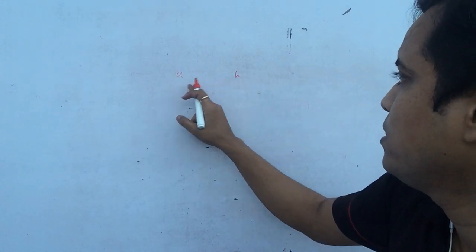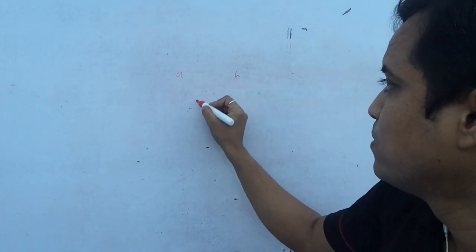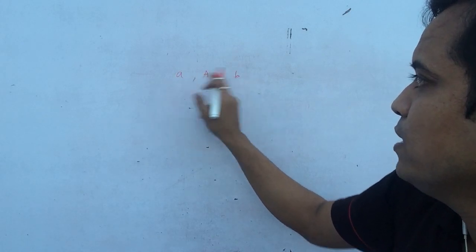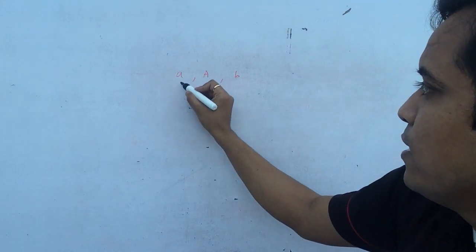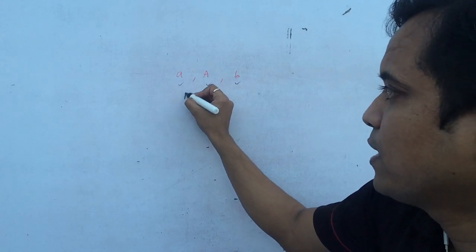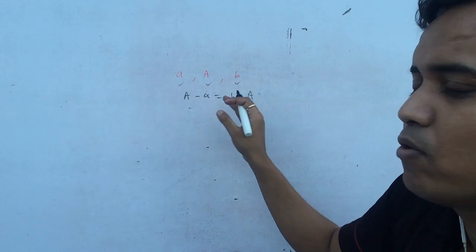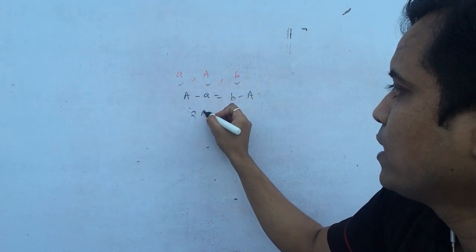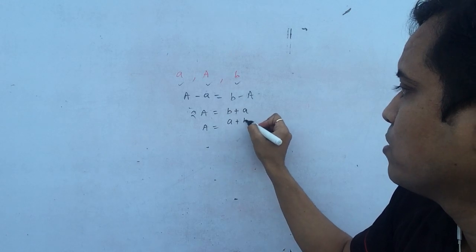So suppose a, b are two numbers, and if you want to find out the arithmetic mean, or you can say if A is the arithmetic mean of a and b, so here small a, capital A and small b should be in arithmetic progression. That means A minus a equal to b minus A. In arithmetic progression you always get the same common difference, okay. So when you solve this, you will get here 2A equal to b plus a, that means A equal to a plus b upon 2.